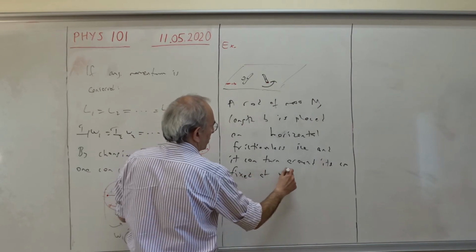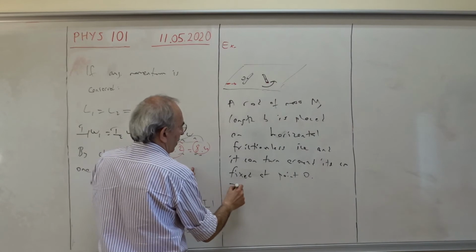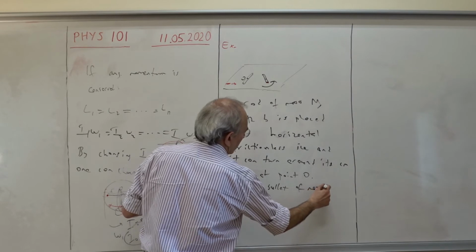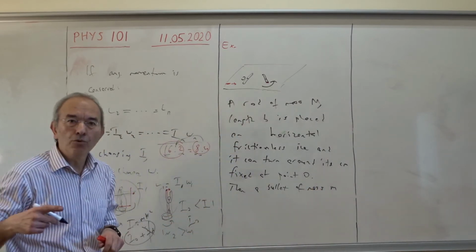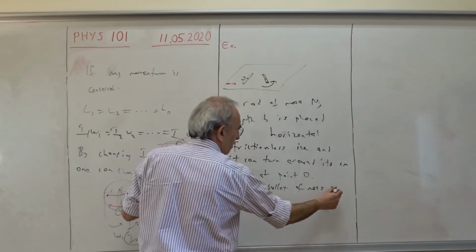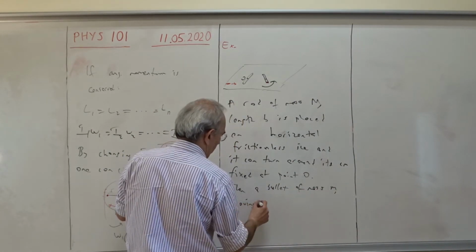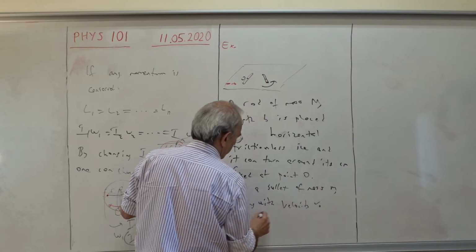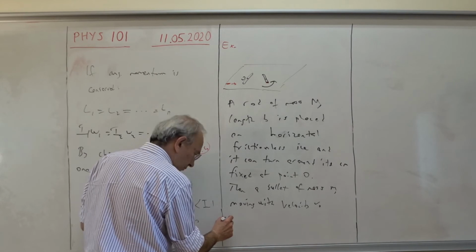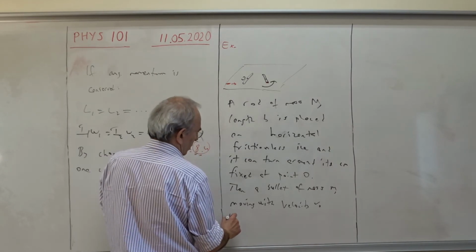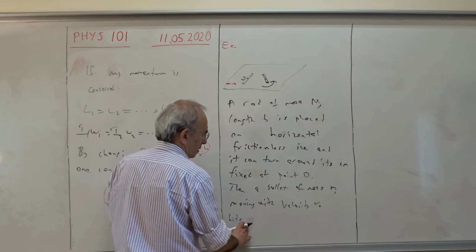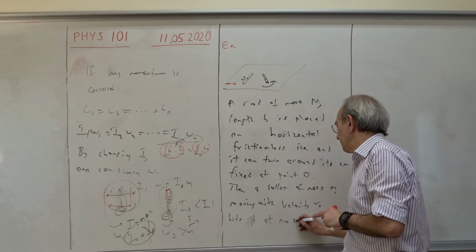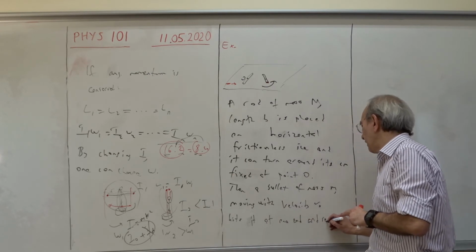Fixed at point O. Then a bullet of mass little m moving with velocity v0 hits it at one end and remains inside.